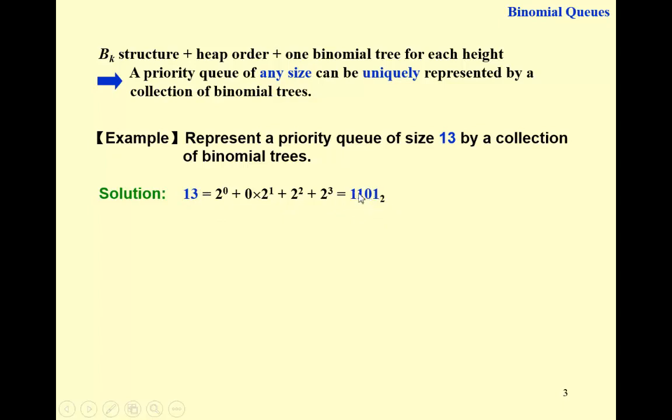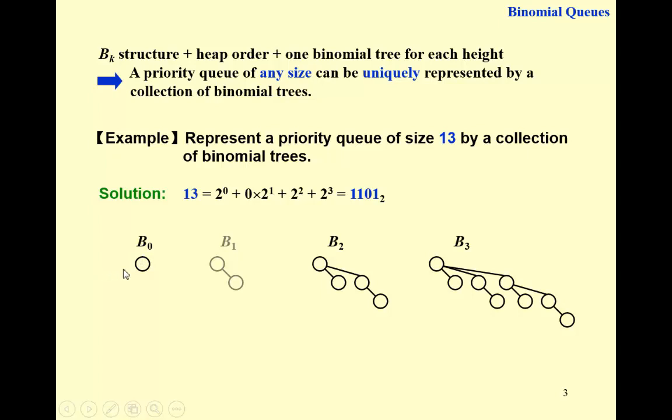So each one corresponds to 2 to the power of something. And if there's a 0, it means that this term doesn't exist. Okay, so it corresponds to what? It corresponds to a forest like this. That means b sub 1 doesn't exist. Okay, since we have 1 at 0's position, we have b sub 0. And therefore we have 1.